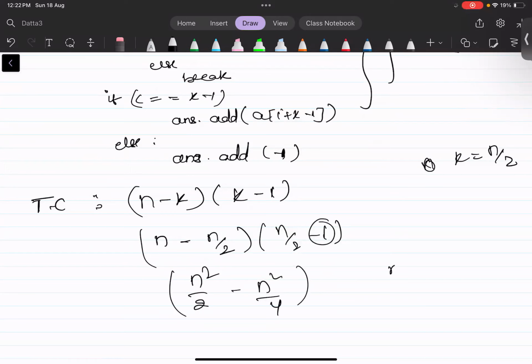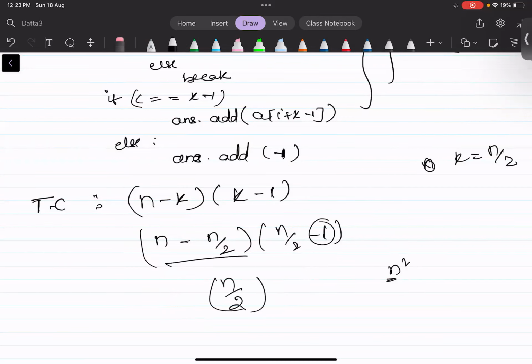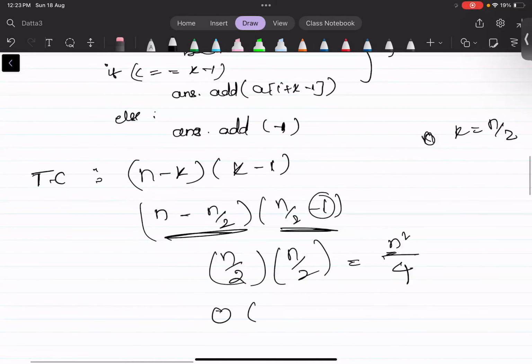In the worst case, it will be n square. So if you generalize this, n minus n by 2 will be n by 2, and this will be n by 2 again. Now, this will be n square by 4. Now, if we represent it in big O notation, it will be O of n square.